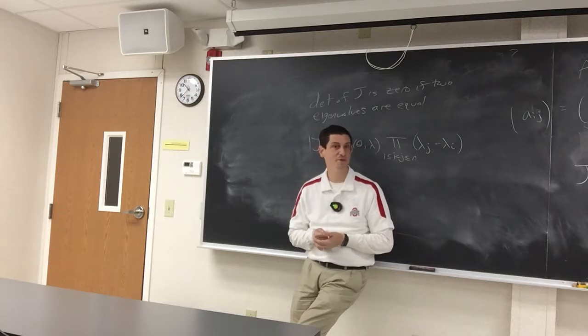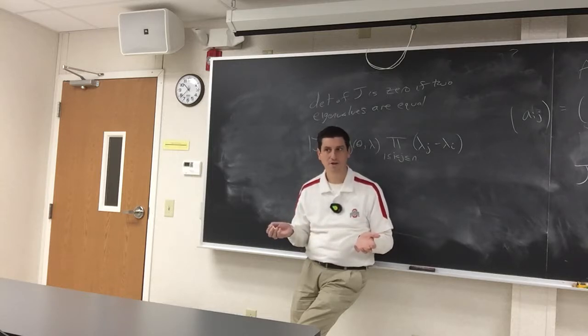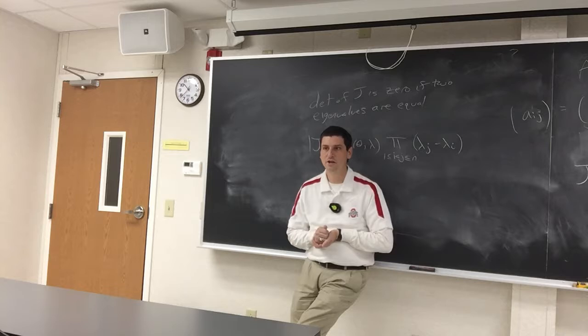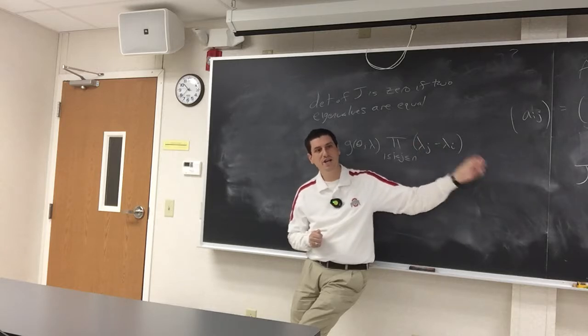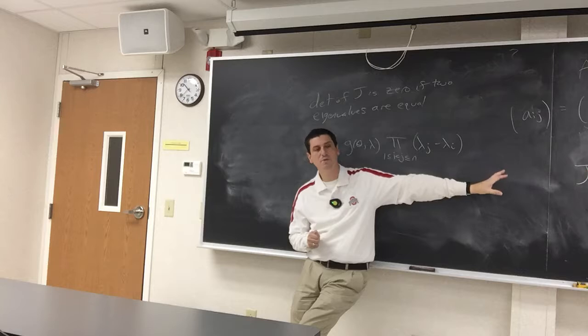It's too much to ask it to be constant. Linear would still be painful. We succeeded in the 2x2 case because we were able to write the Jacobian as some function of theta times lambda 2 minus lambda 1 times lambda 1 minus lambda 2.